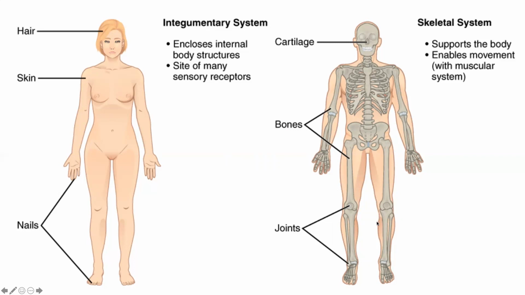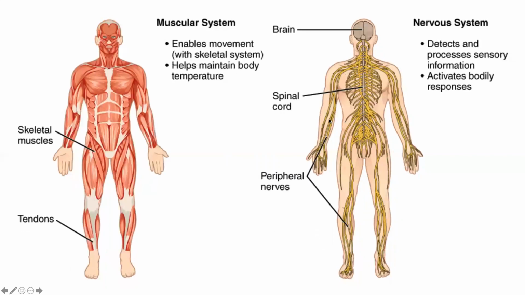The muscular system moves the bones and joints, and also helps to maintain body temperature. The nervous system includes the brain and the spinal cord and all the peripheral nerves coming out from the spinal cord and the brain.